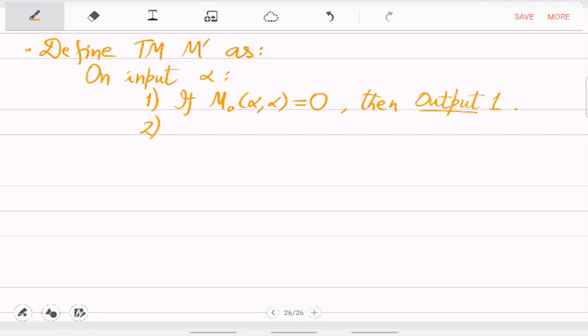What if M alpha halts on alpha? So in that case, simulate M alpha on alpha computation and output the negation of what you get.